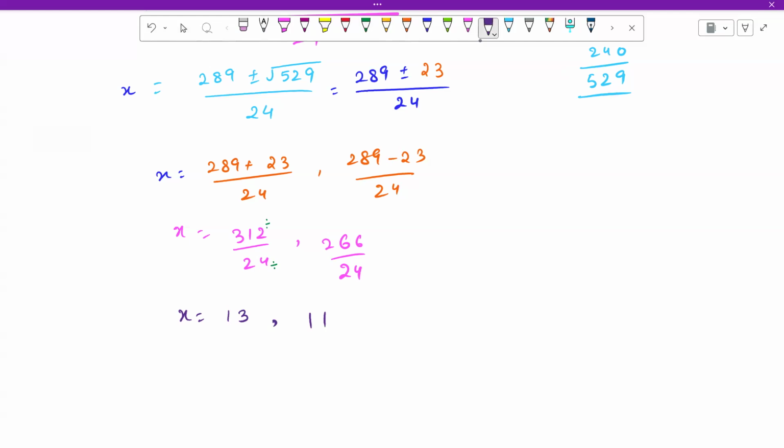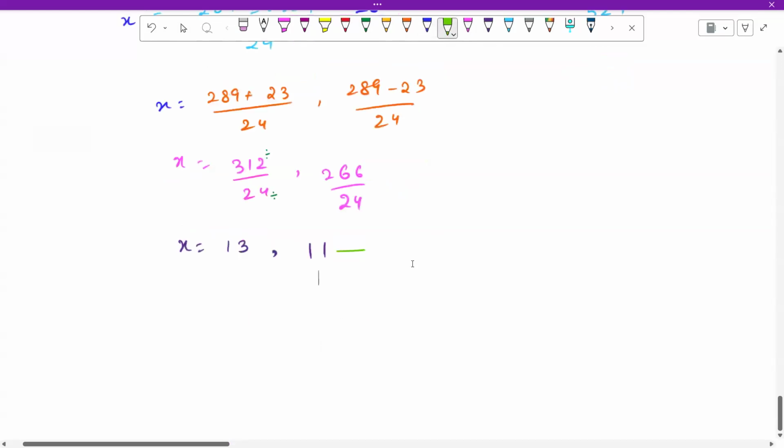So what is going to be this in a mixed fraction? 66 over 24 in a mixed fraction, there will be two, so 11 and 1/12.